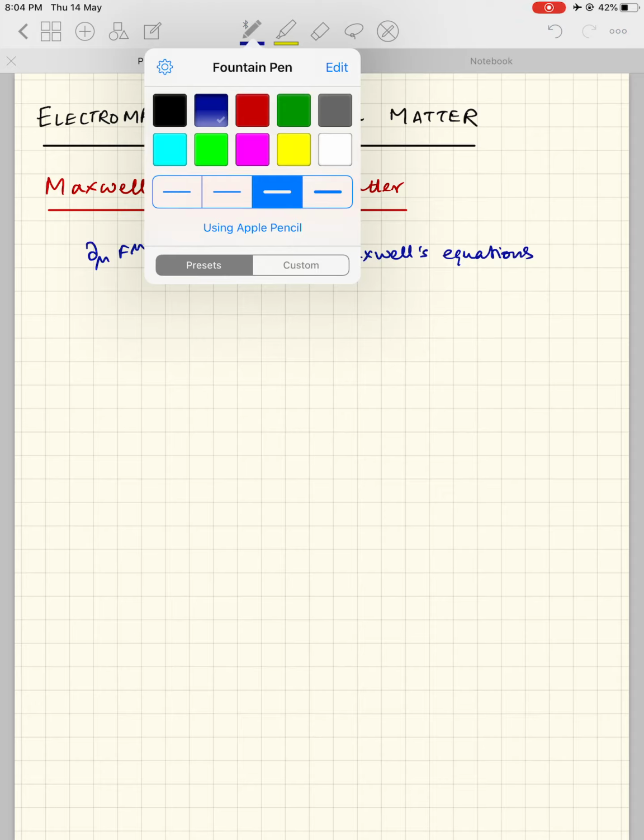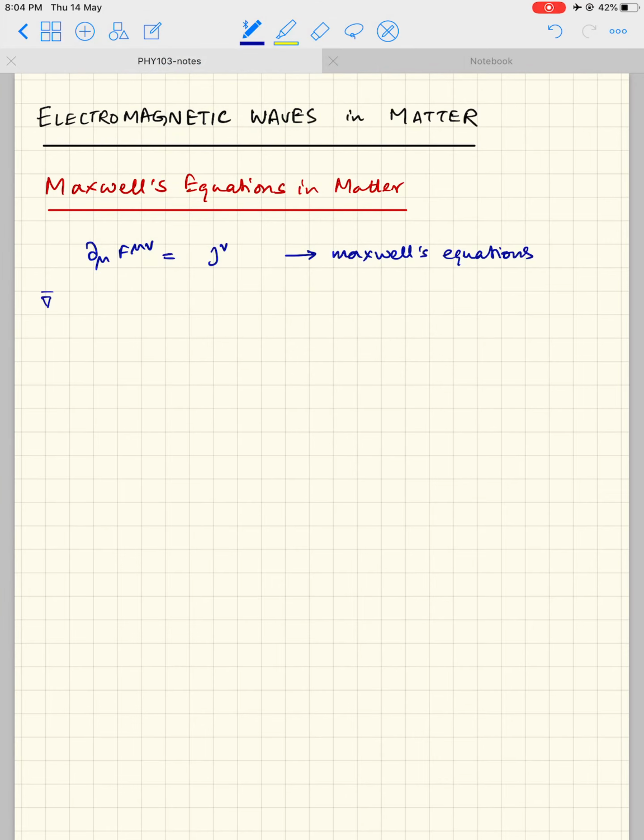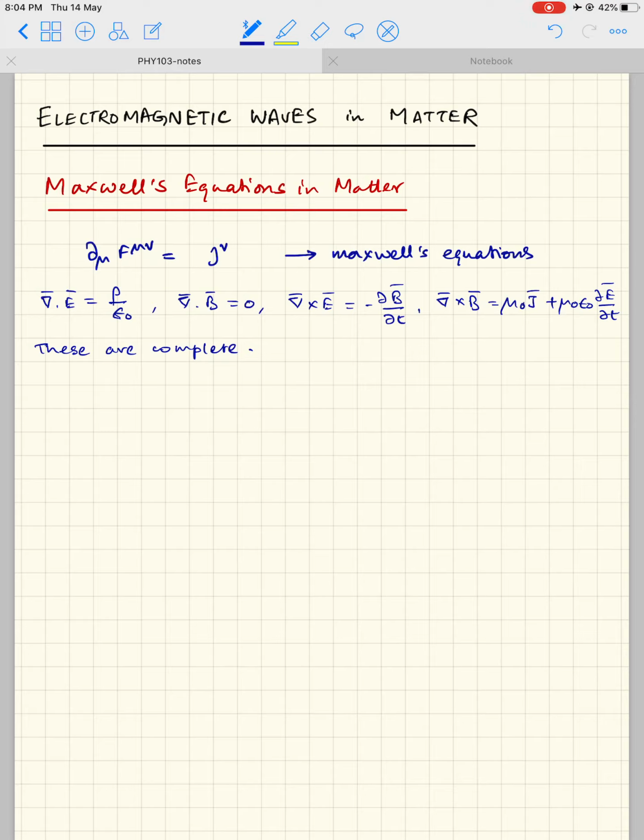And if we were to look at them in the usual form, let me stress that these are complete. And these do not need any improvement at all.